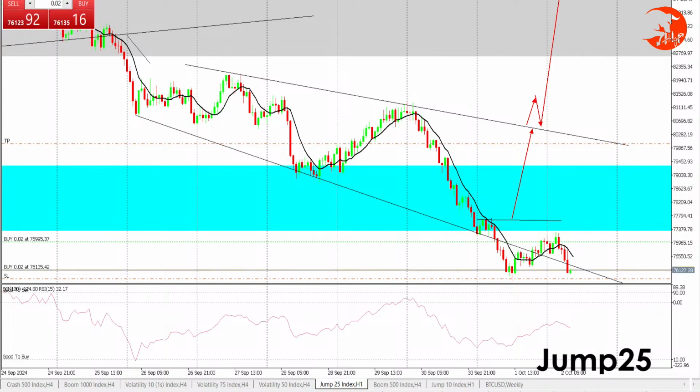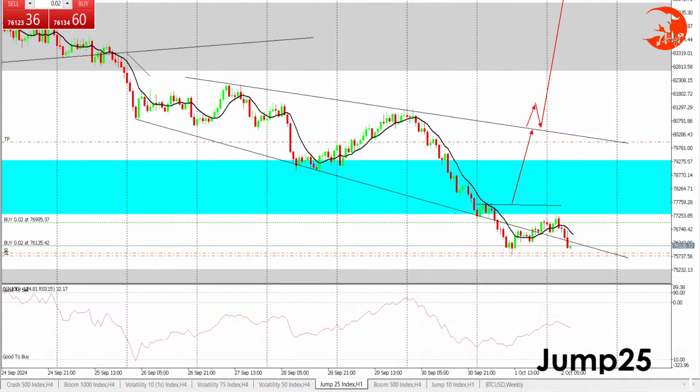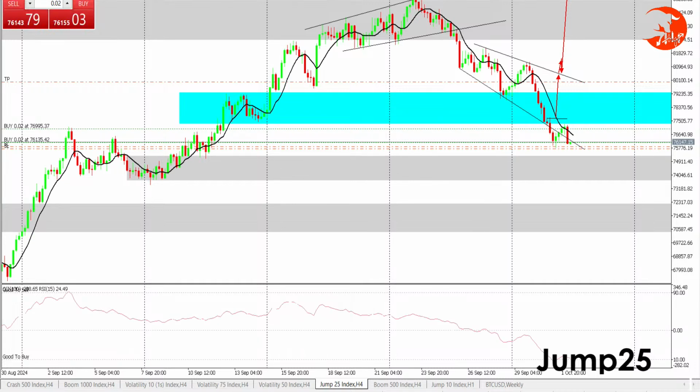Now I will put this other entry stop loss just below there. Yeah, if it comes it will take me out, and I will be okay with it because I've made my decision following that.